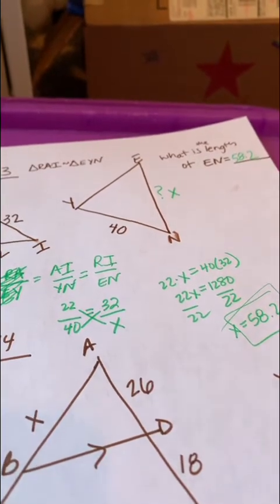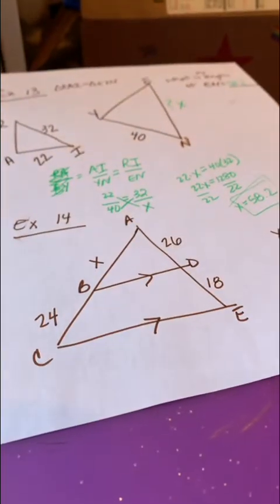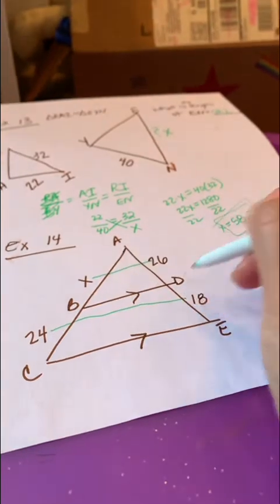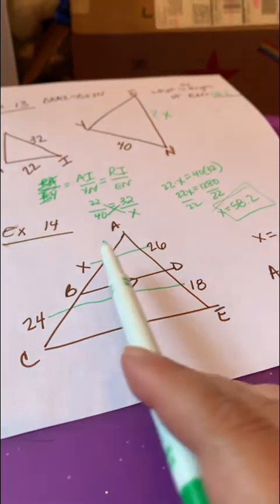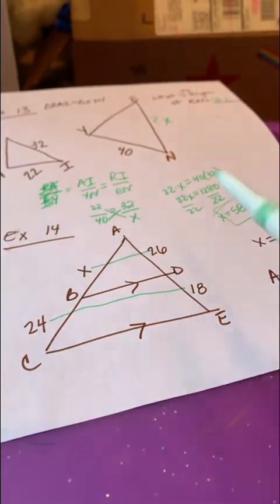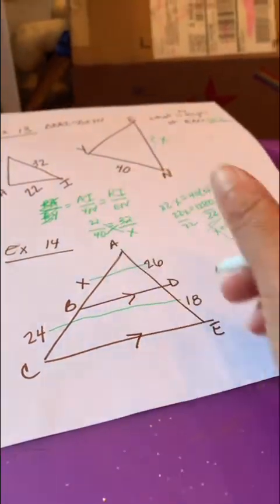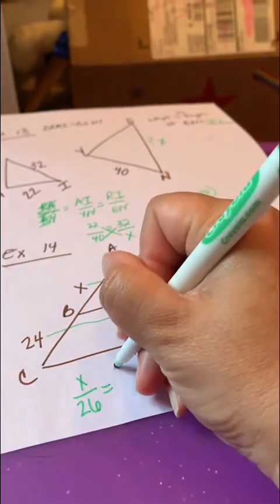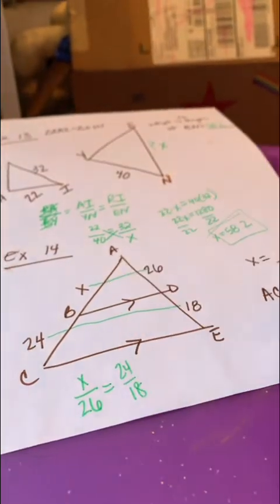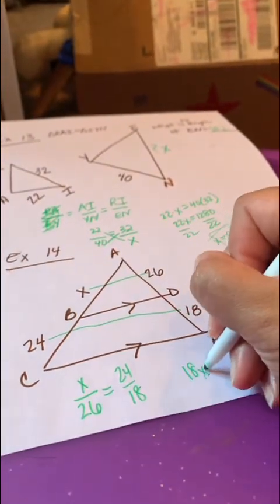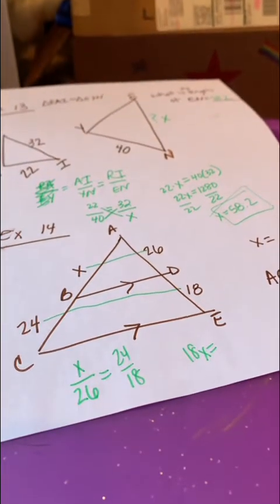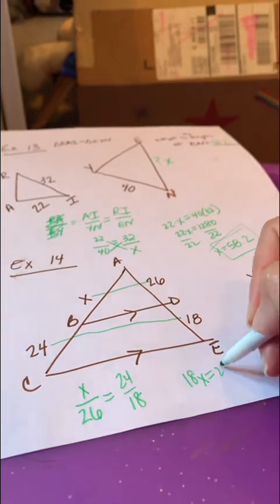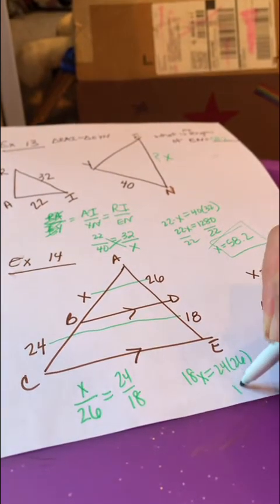And the last one here, you've seen this, we're going side to side, just like some of the other ones. So I'm going to compare right to left. Now, just kidding, left to right. If you want to do right to left, you are welcome to. That's not a problem. X over 26 and 24 over 18, and just cross multiply. Okay, so cross multiply 24 and 26.